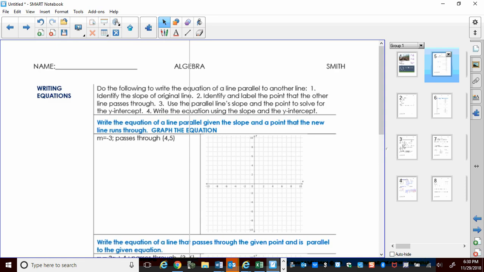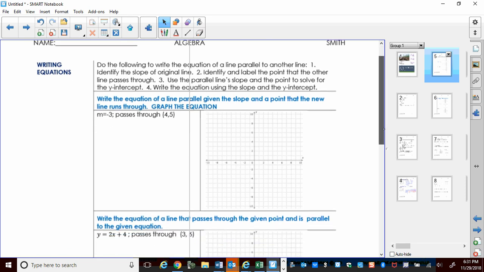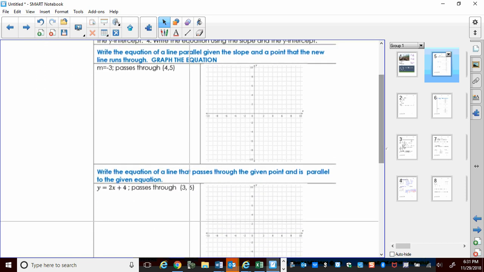Now, for the next section, you are writing the equations of the line that's parallel to the given slope and a point that the new line runs through. So I'm not going to read through the directions, I'm just going to go right at it.